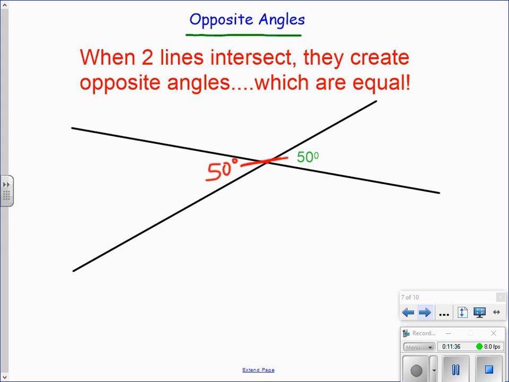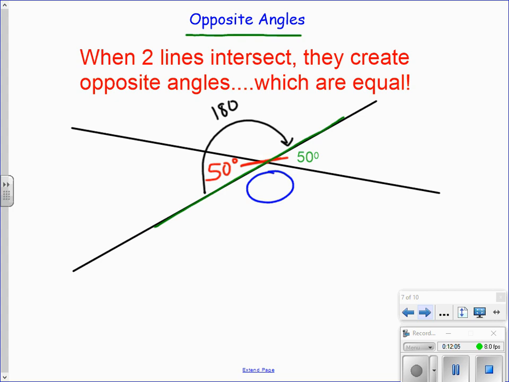Now I know what you're saying. I probably could figure out what this one is. How would I be able to figure out what that one is? Well, we just talked about it. This is a straight line right here. And from here all the way around to here has to be 180 degrees.